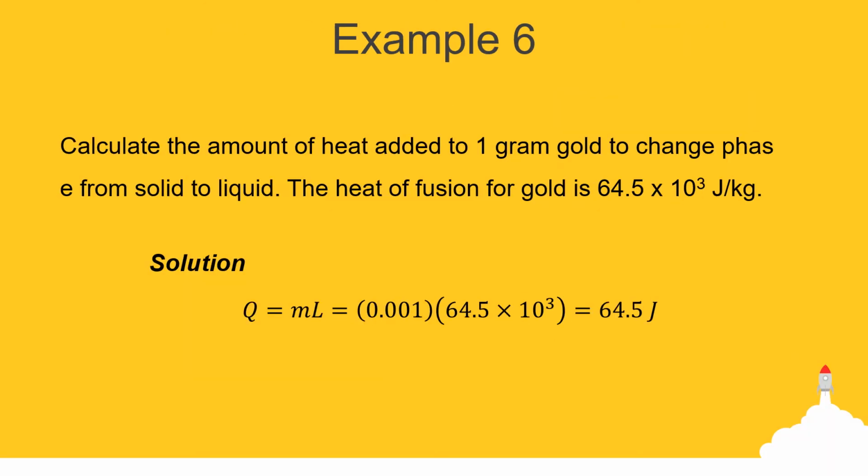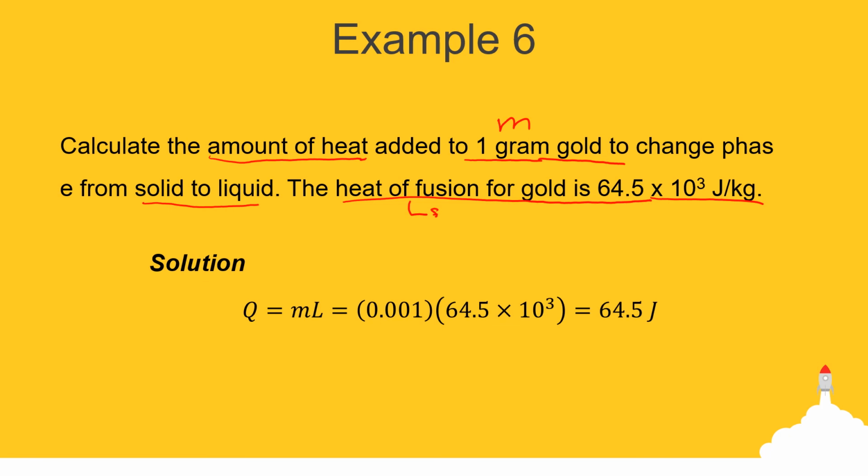So for example, kita ada calculate the amount of heat added to 1 gram gold to change the phase from solid to liquid. So dia bagi heat of fusion for the gold adalah 6.45 darab 10 kuasa 3 joule per kg. So ini adalah nilai LF. So nilai LF dia dah bagi, nilai mass pun dia dah bagi.